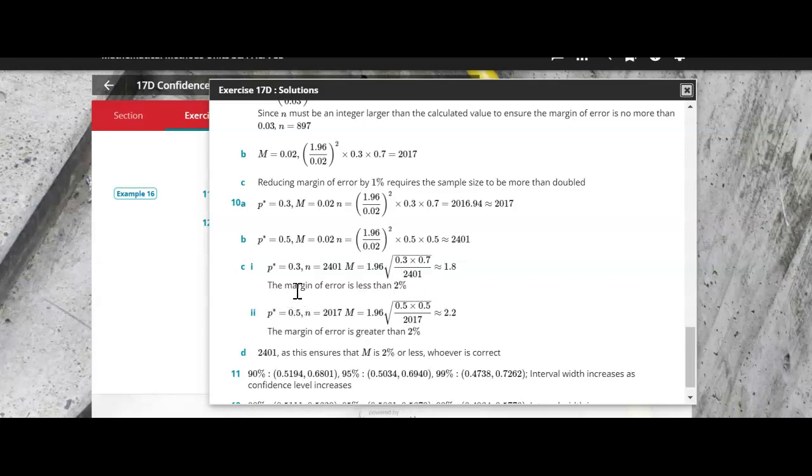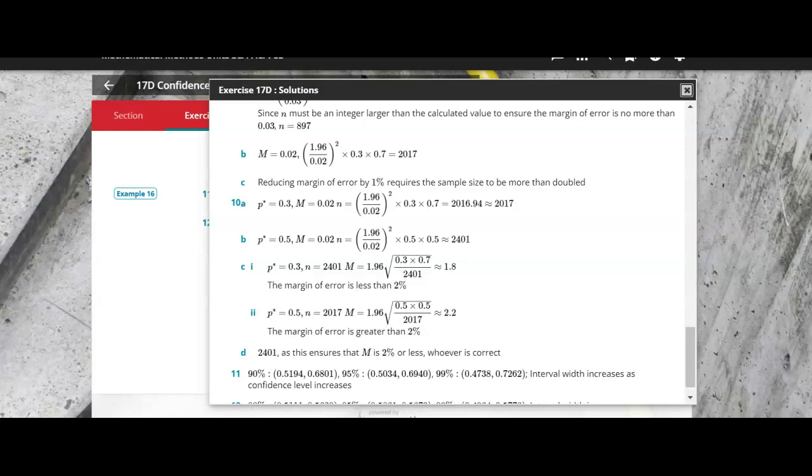So for Bill, the margin of error would be less than 2%. Now for Phil, if we used the sample proportion of 0.5, we would get a margin of error that is more than 2%, so 2.2%.